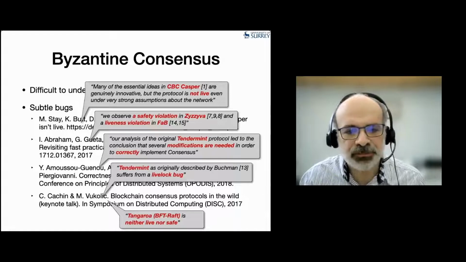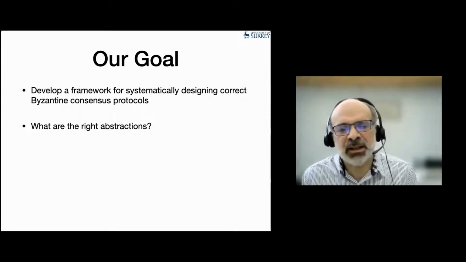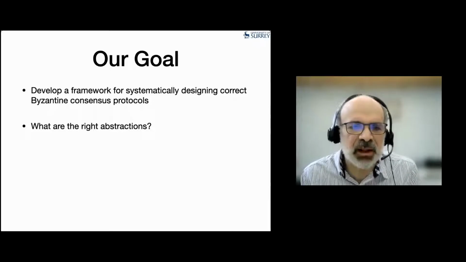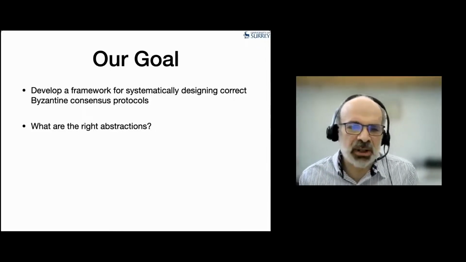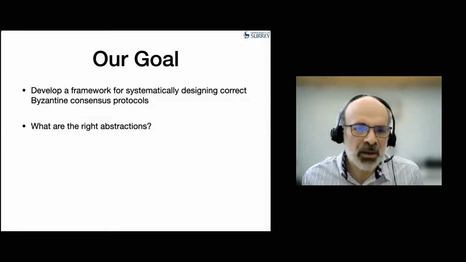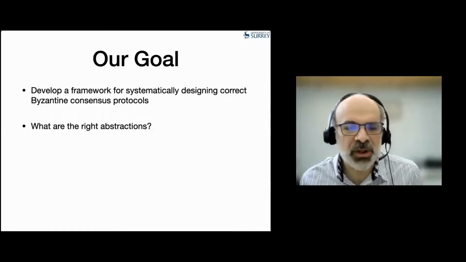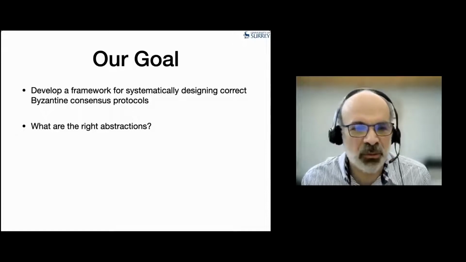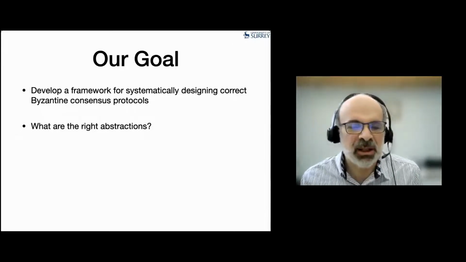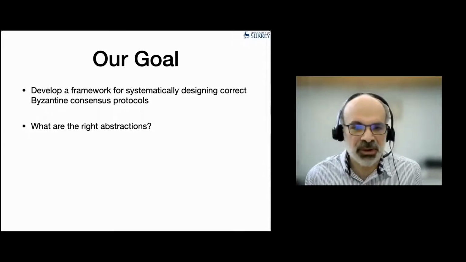So that's the situation, and basically the question we set out to ask ourselves when we looked at that was whether we can do better. We are a team of distributed systems and programming languages researchers, and it was kind of shameful, I think, that the situation was like that, and that very few people, if anyone, can clearly understand what's going on there.